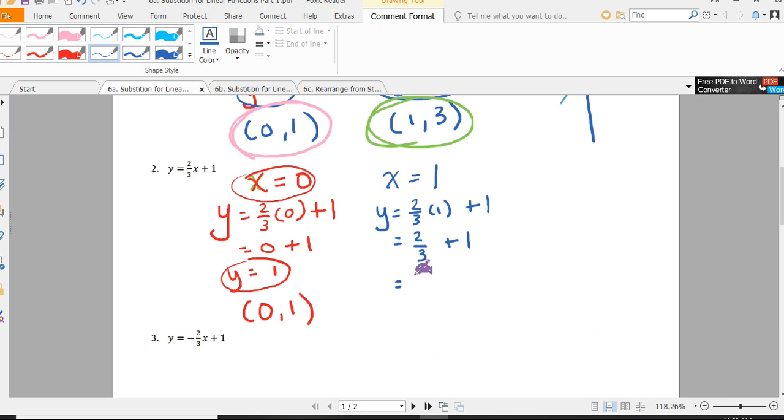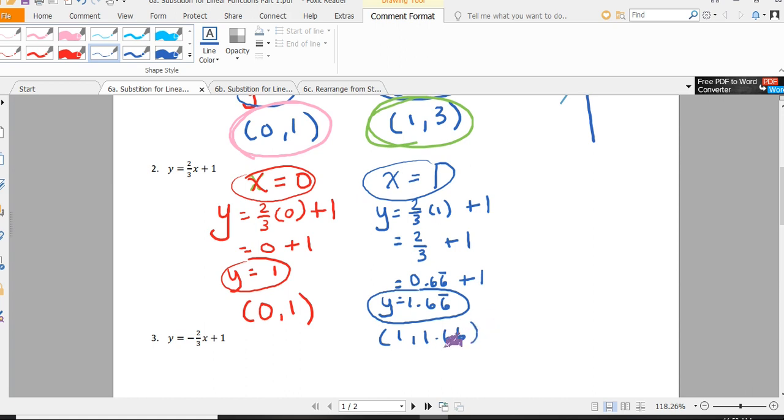So I'm just going to type that in, plus 1. And your y value here would equal 1.66 repeated. So your second point would be 1 and 1.66. Now, to draw a quick sketch.